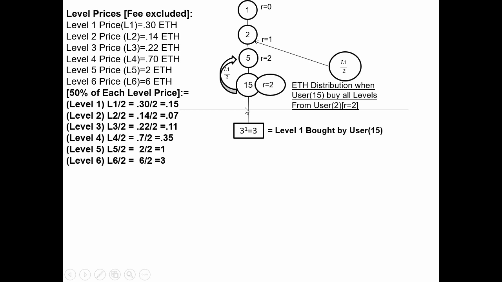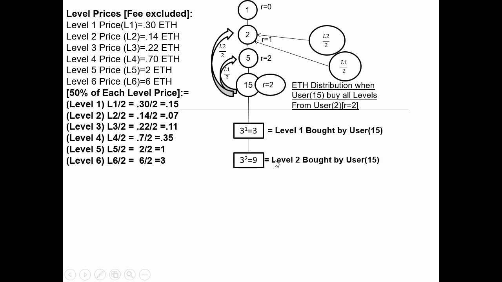Now if user 15 buys his second level, what will happen? User 15 already bought the second level. Here you can see the second level price is 0.14 Ethereum and 50% is 0.07.